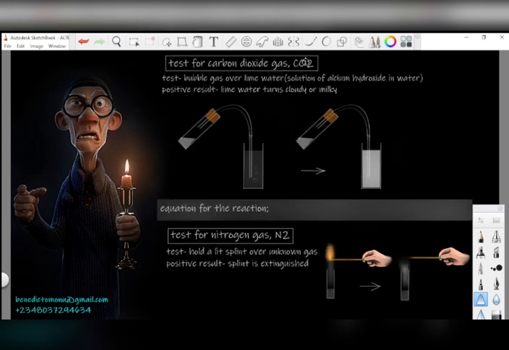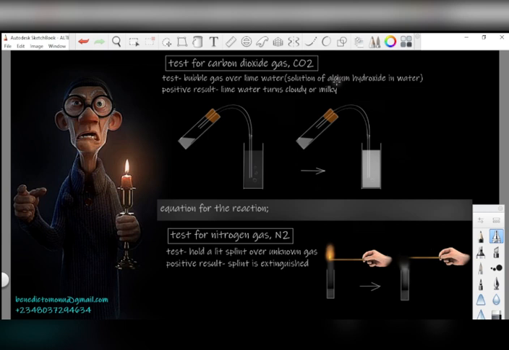We move to carbon dioxide. The carbon dioxide test is a very popular test from elementary school. All you need to do is bubble the gas made through lime water. And lime water is a solution of calcium hydroxide in water.